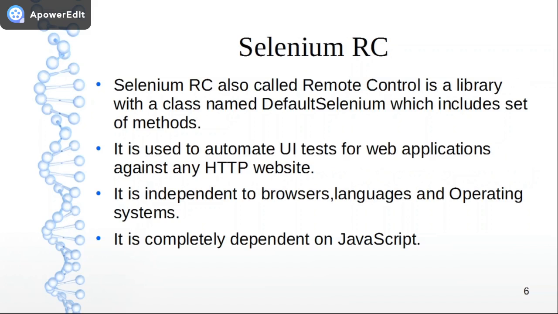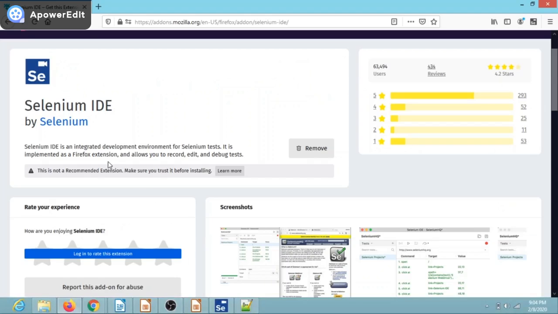So the second one is the Selenium RC, which is also called Remote Control. It's a library with a class named DefaultSelenium, which includes a set of different methods. So let me show you that as well.